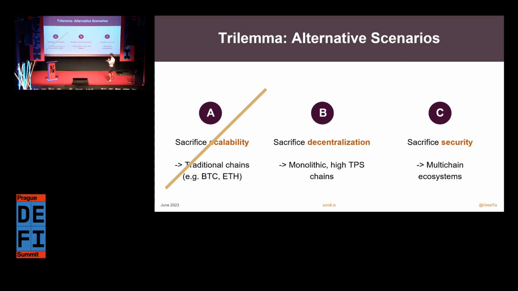That's monolithic systems such as Visa, or maybe a chain that requires high hardware requirements for running a node. Or the other alternative would be alternative C, sacrifice security, lower maybe the parameters that you require, and then you end up in some sort of multi-chain ecosystem with risky bridges and assumptions when it comes to trust.